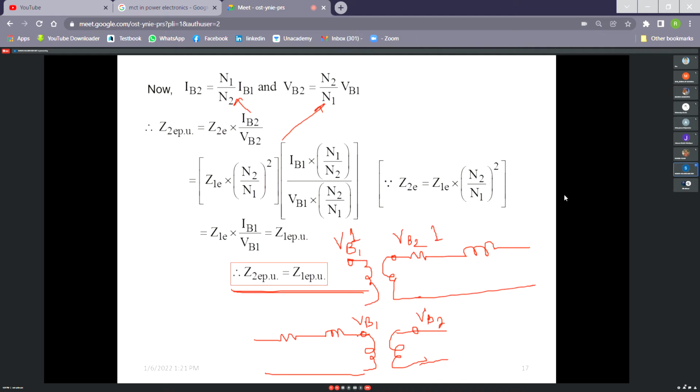Here it is 1, here it is 1, here it is 1. So it is the same voltage in per unit. So we just represent the equivalent circuit impedance. If it is referred to primary, then we can now short this one. We can get rid of that ideal transformer because all are at 1 per unit. Have you understood my point?